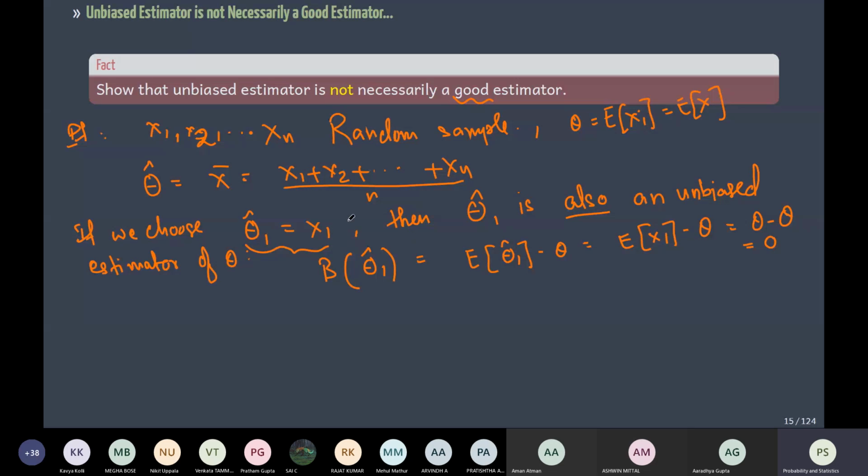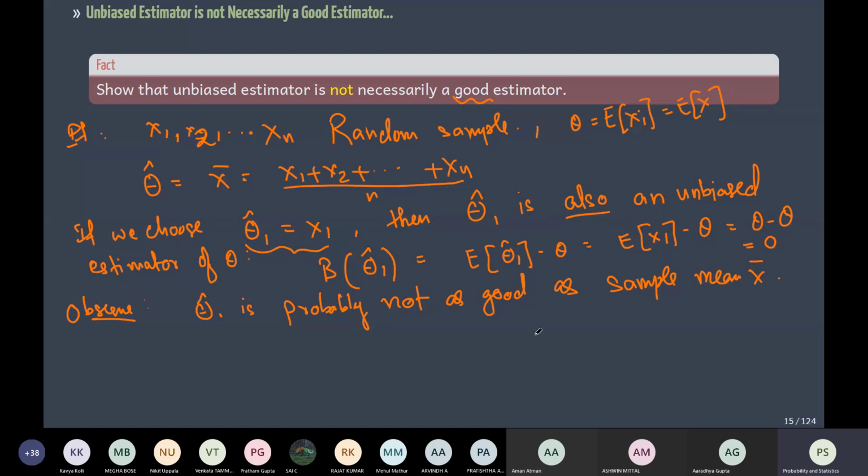But intuitively we know that just x1 is not a good indicator of the mean. So observe, theta hat 1 is probably not as good as the sample mean x bar.